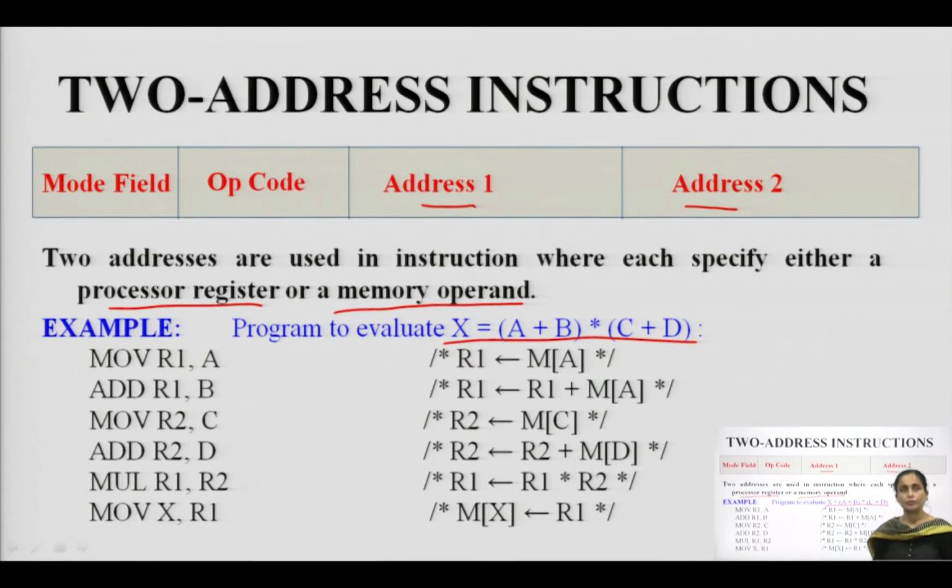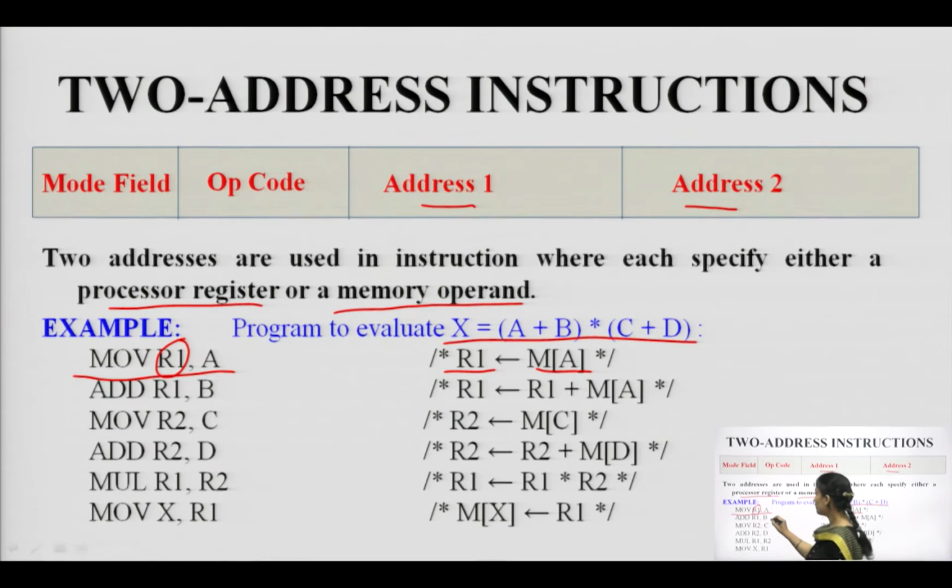When we are using two address instruction, the first instruction will always be a transfer type instruction. So, the first instruction will be move, that is I will be moving the content of A in R1, that means M of A is being transferred into R1.